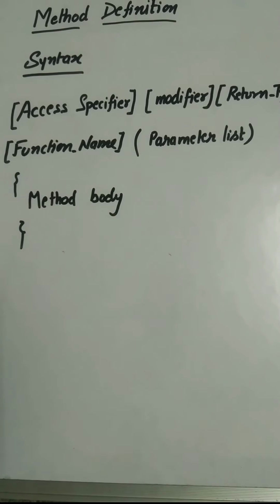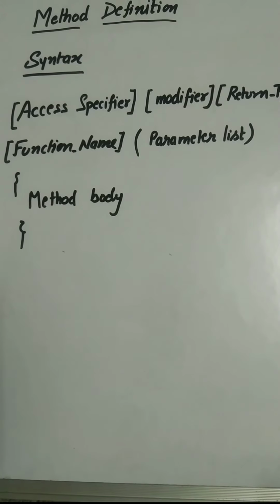First one is the access specifier. You can take private, protected, or public values. If not specified, then package friendly is the default access specifier.